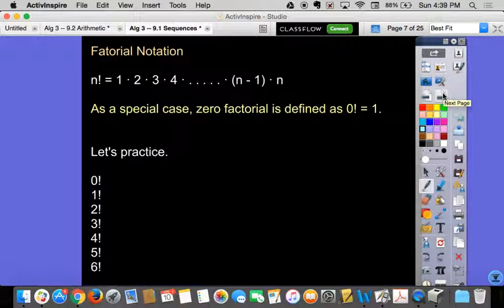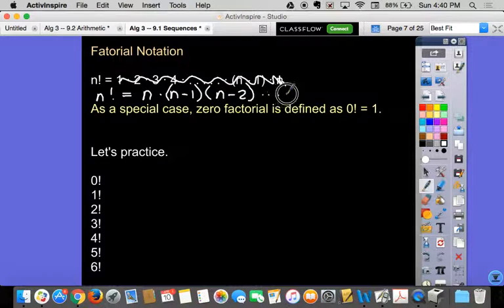Okay, so totally different topic, completely different. Factorial notation. I copied this out of the book, and I'm not real thrilled with it because this is not the way I was taught how to write factorial notation. Whichever number they tell you, that's what you start with, and you just go down from there.